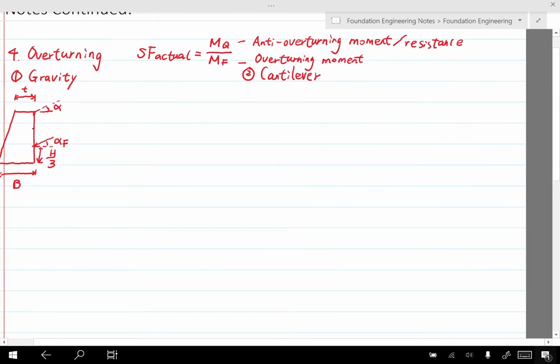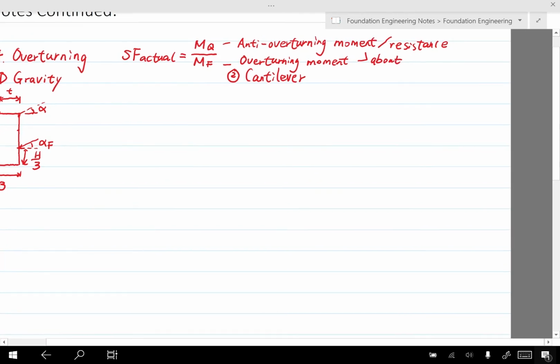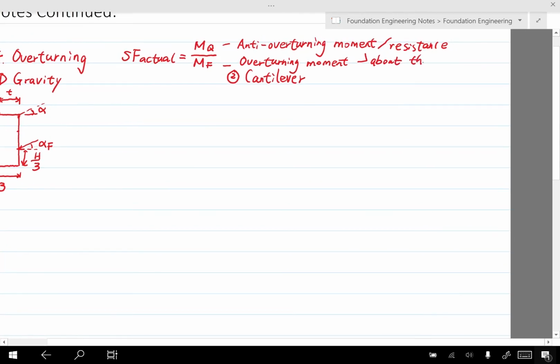And when we are calculating any moment, we need to talk about the point around which the moment will be calculated. Here, usually the moment is calculated about the toe. But of course, you can use any other point.